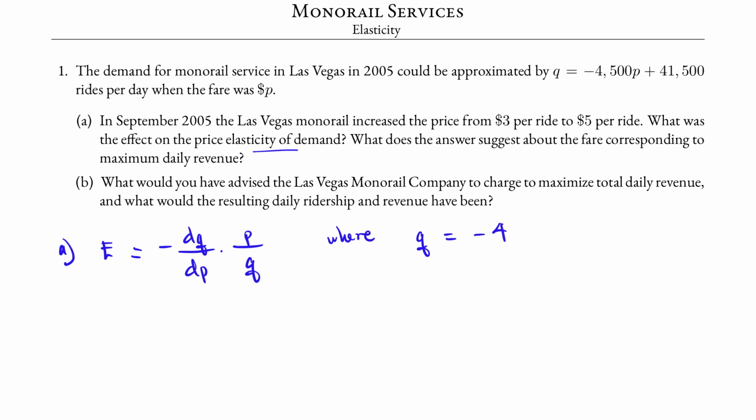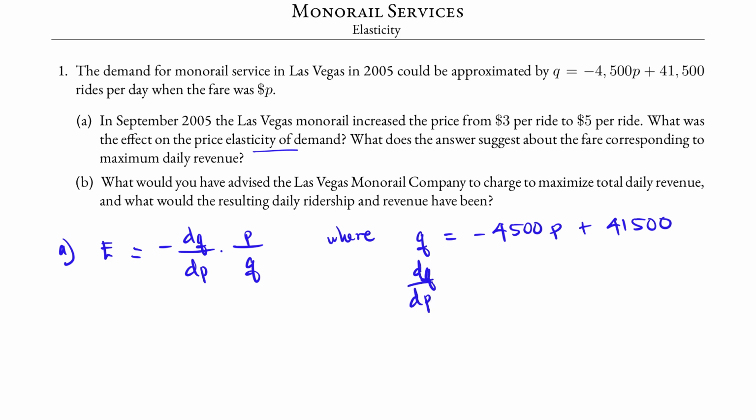It is negative 4,500 P plus 41,500. What this means is that everywhere we see a Q, we can use this expression as a substitution for Q. This is usually how it is in an elasticity problem.